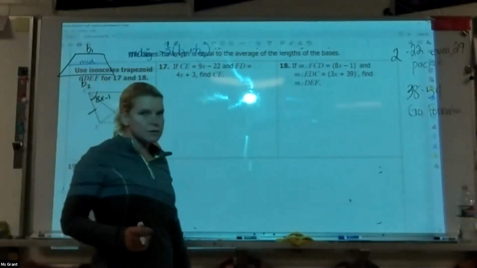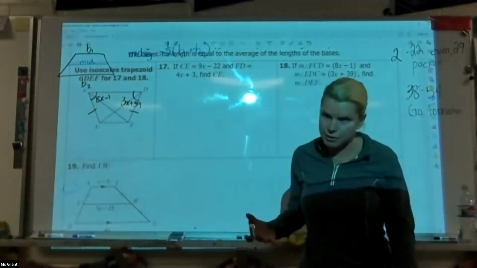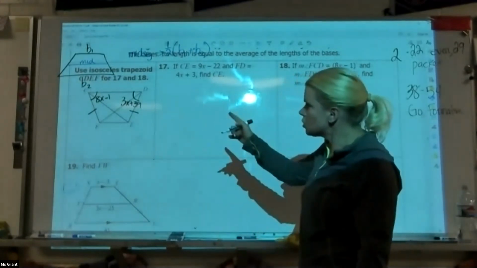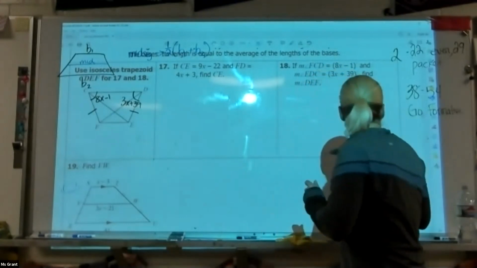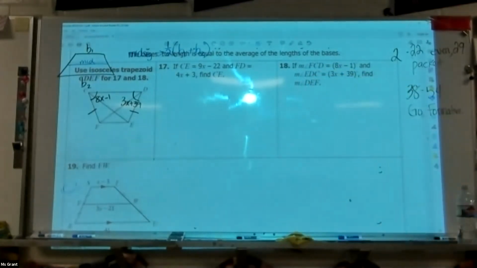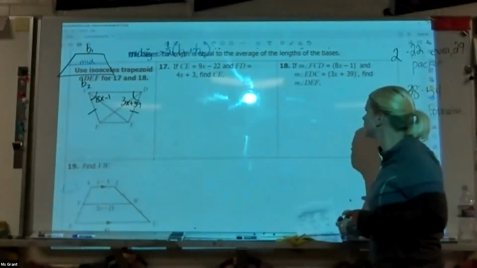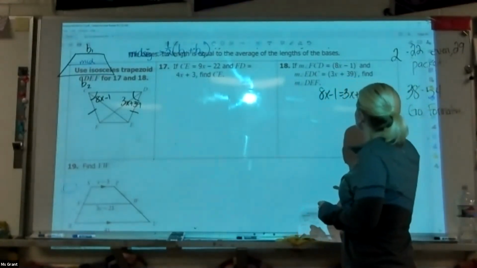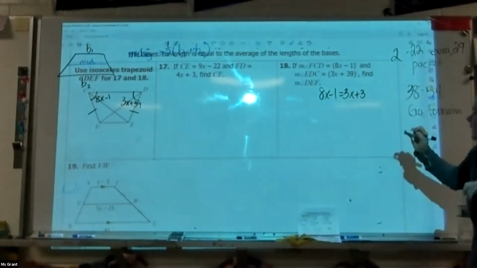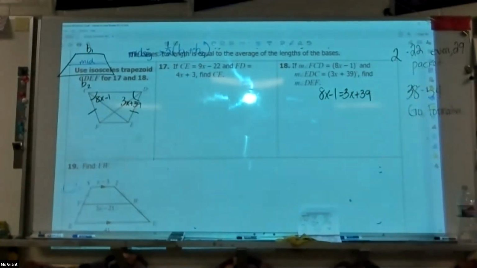If my legs are congruent, my base angles are congruent. So I can say that 8x minus 1 equals 3x plus 39. Sorry, wow. I just blew my nose, huh? So I would set those equal and solve for x.